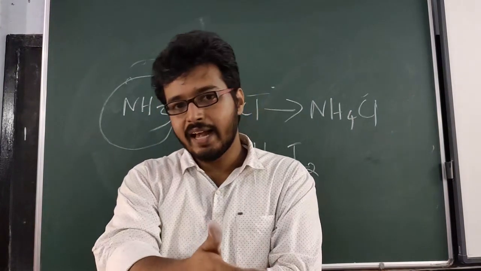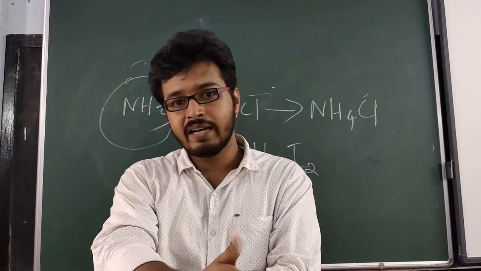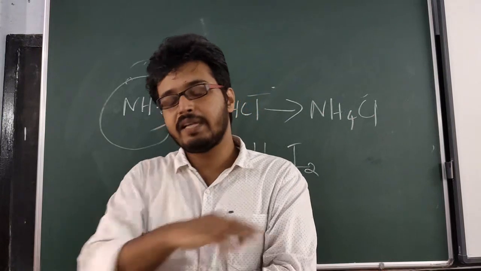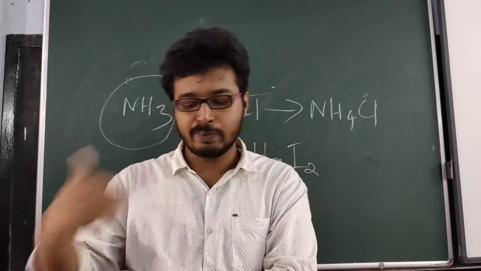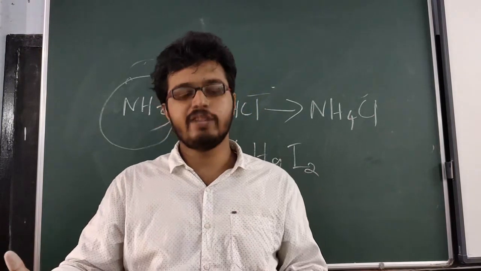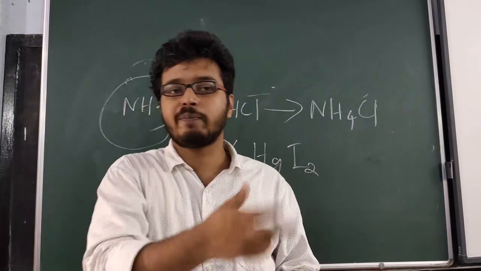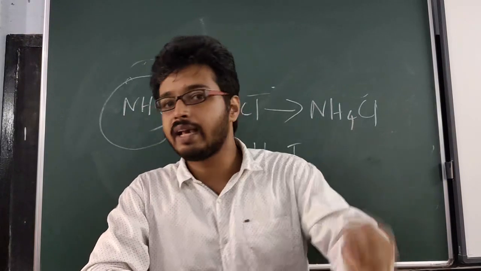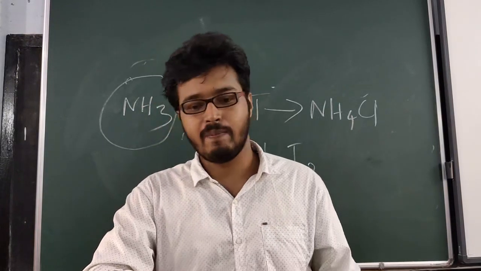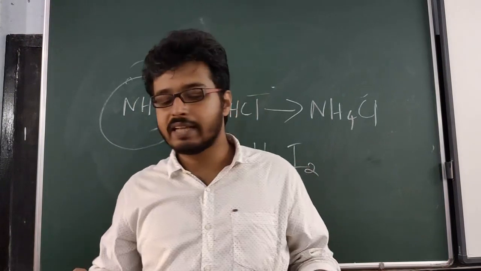Ammonia is a gas that can be used as a refrigerant instead of CFC, but there are many other gases. Ammonia can be one of the options. That is what I can tell. Other than that, you can write the uses like the manufacture of many chemicals, fertilizers, and acids like nitric acid, nitrous acid, etc.